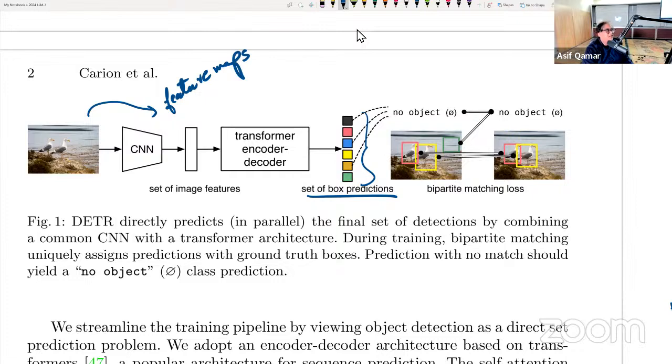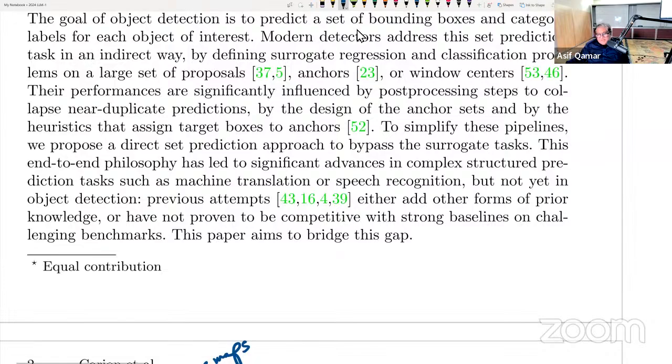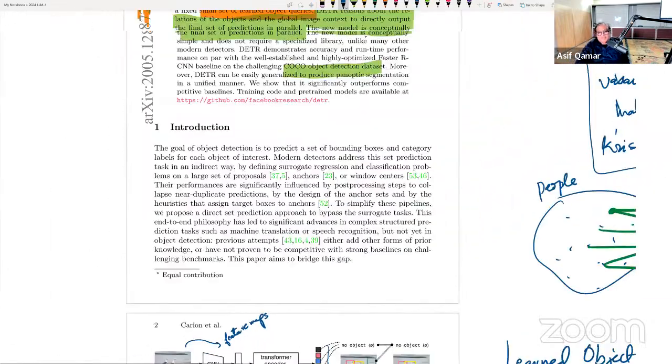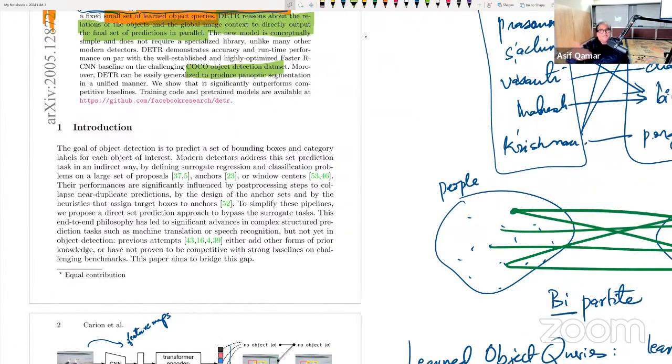Are we together? It will shoot out all the boxes in parallel and tell you what is in there, which is a reference, I suppose, to the older way. Like if you are doing it with RCNN, recurrent networks are by definition sequential, right? So a lot of the wording that people use has to be contextualized with the history that is there.